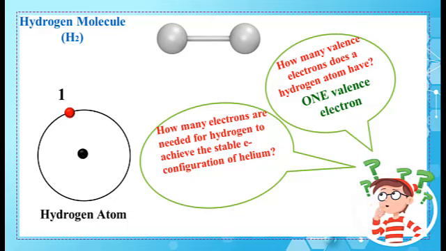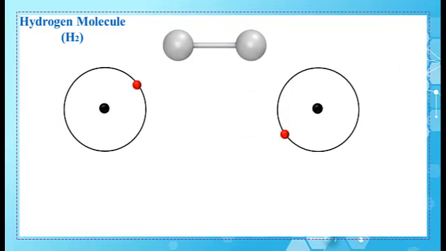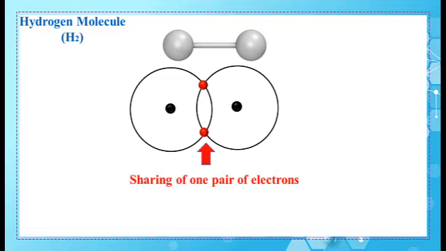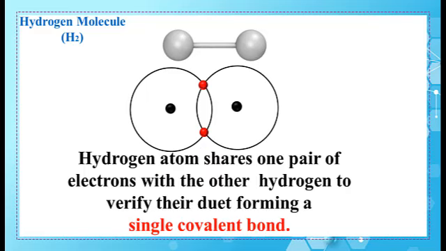Helium has only 2 electrons, so the hydrogen atom needs only 1 electron to achieve the stable electron configuration of the helium inert gas. Consider 2 hydrogen atoms, each having 1 lone electron. Each hydrogen atom will share 1 pair of electrons with the other hydrogen atom to verify their duet, forming a single covalent bond.